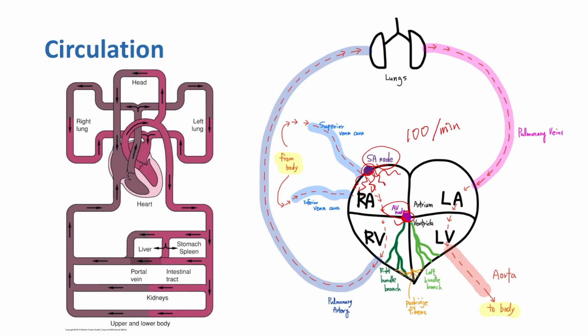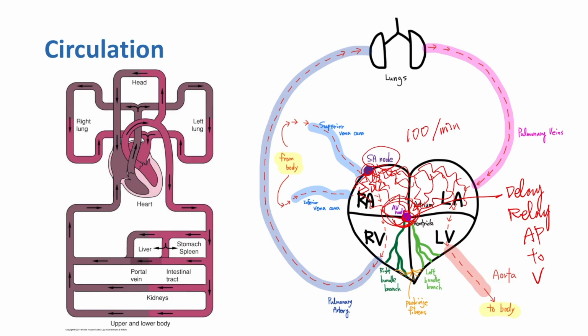All right, so the action potential travels through the atriums, making the cardiac muscle contract. And then it is collected at the AV node. AV node delays and relays the action potential to the ventricles. Why does AV node have to delay the action potential?